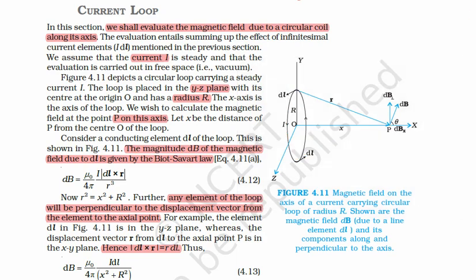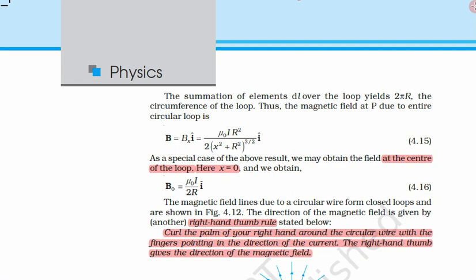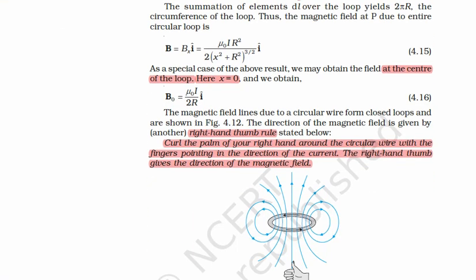So what is the total contribution to the magnetic field? The summation of elements dl over the loop yields 2 pi r, the circumference of the loop.